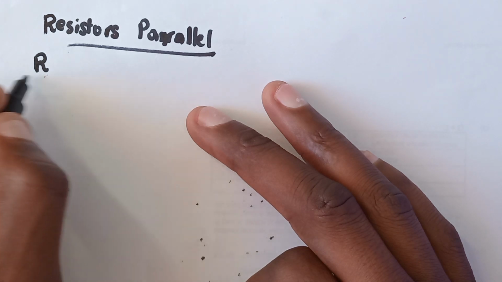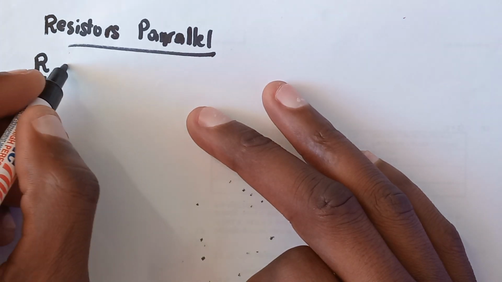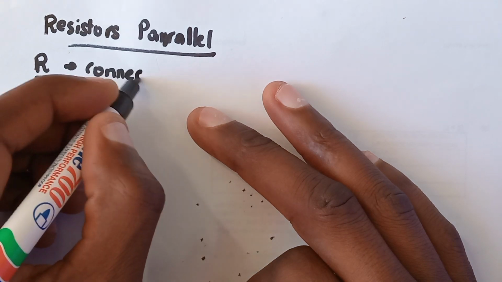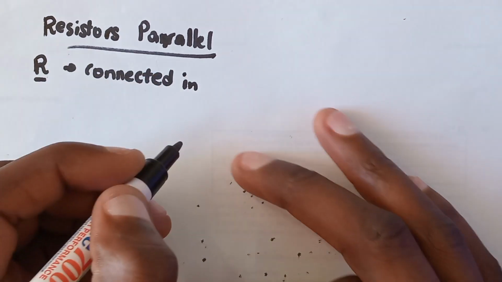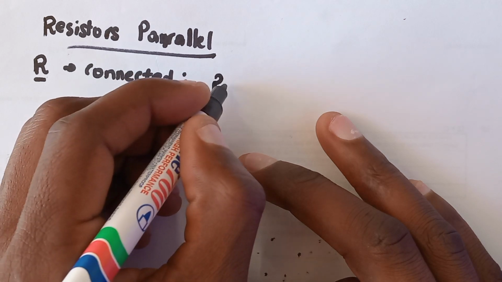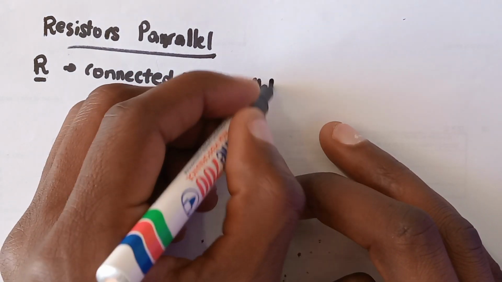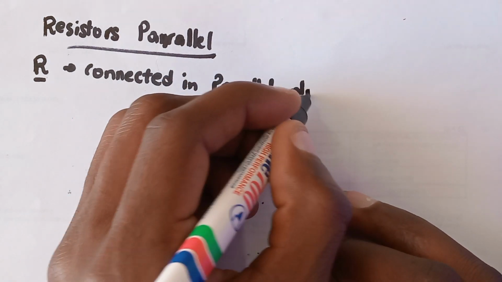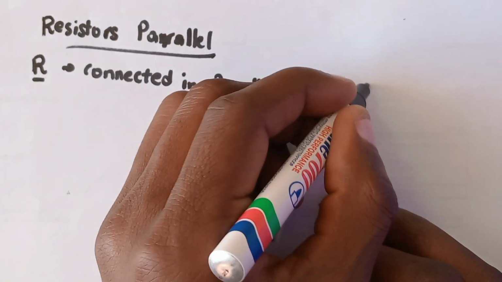I'll just put R here for resistor, connected in parallel, they divide the current.